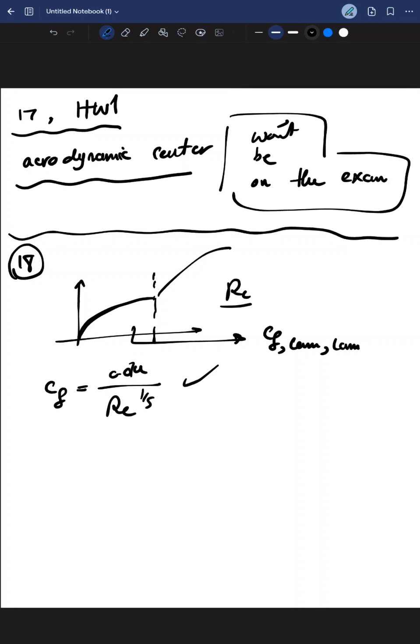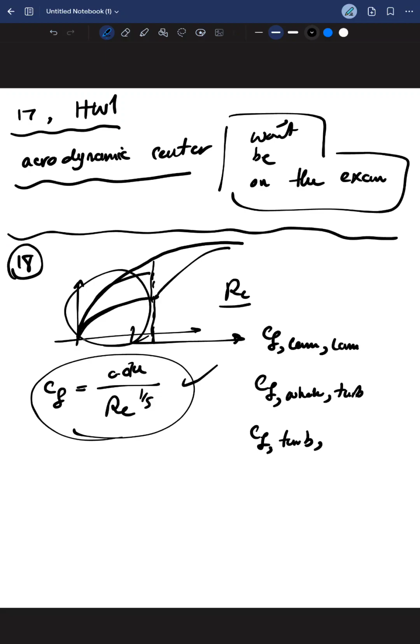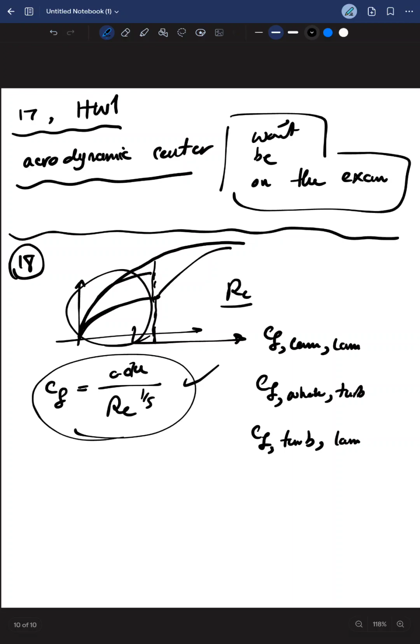Then we had to find the friction coefficient using the turbulent formulation for all of the plate, so CF for the whole plate using the turbulent formulation. And then we had to use the turbulent formulation to calculate the value it gives us in the laminar region, the actual laminar region.